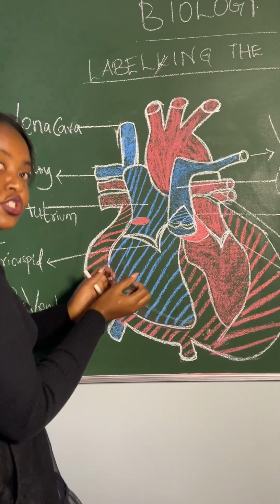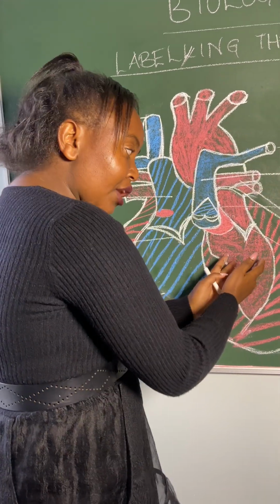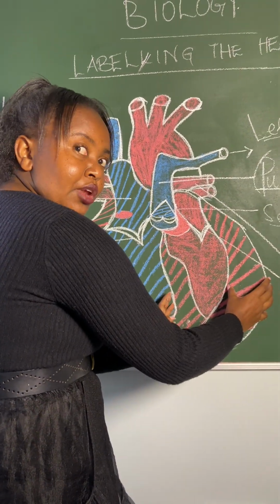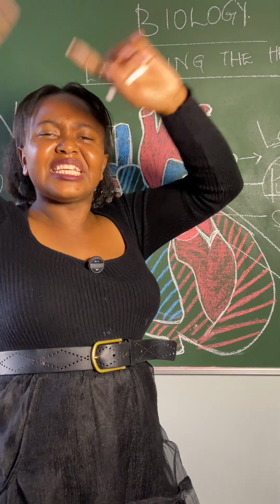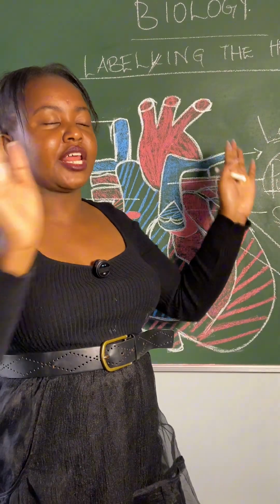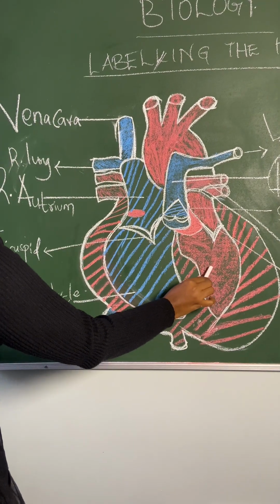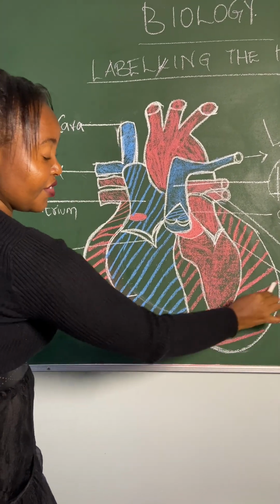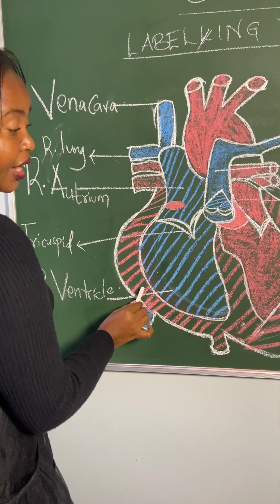Bigger volume, slow pressure, pump blood slowly to the lungs. Small volume, big muscular wall, a lot of pressure because it has to pump blood to the rest of the body. So, that is the reason why one has very big muscular walls and the other has very thin muscular walls.